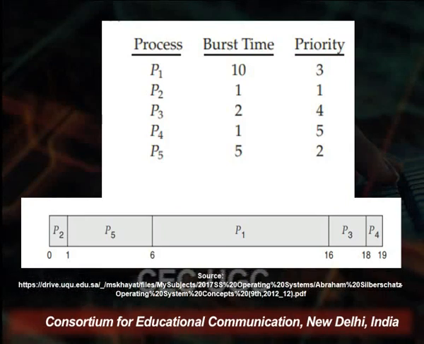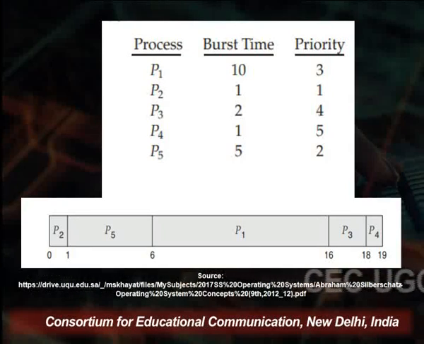Then comes P1 with priority 3 and a larger burst time, from 6 to 16, 10 milliseconds. Then comes P3 with 2 milliseconds of burst time, from 16 to 18, and then P4 from 18 to 19 with the last priority, priority 5, and a burst time of only 1 millisecond.